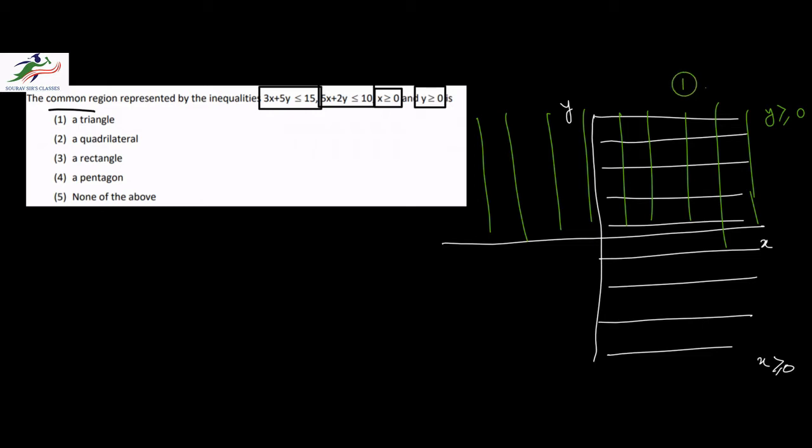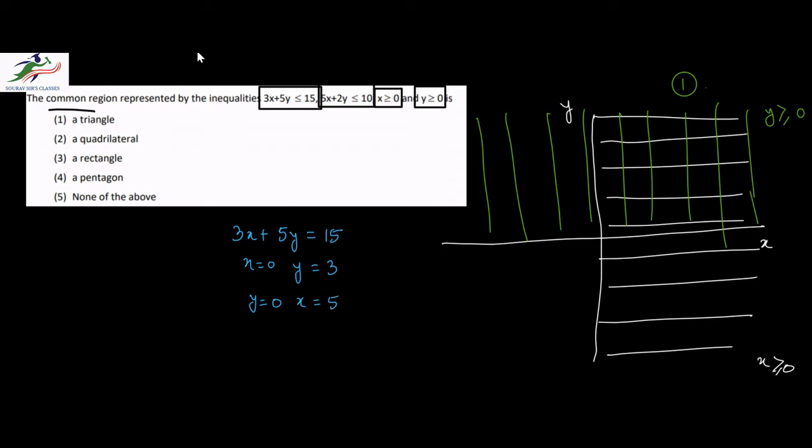Now we see the inequality 3x plus 5y less than or equal to 15. So 3x plus 5y equal to 15 would be the straight line under which the area would fall. When x equals 0, y is equal to 15 by 5, or 3, and when y is equal to 0, x is equal to 15 by 3, or 5.